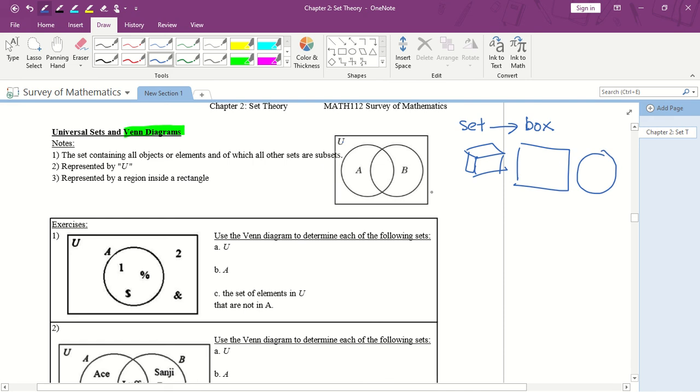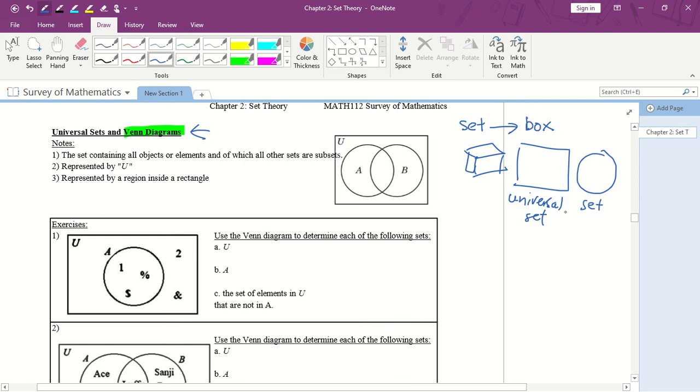The rectangle is especially a special box for something called the universal set. It means that you only see one rectangular box in a Venn diagram. However, there's also the other sets, for which you can just use a circle.